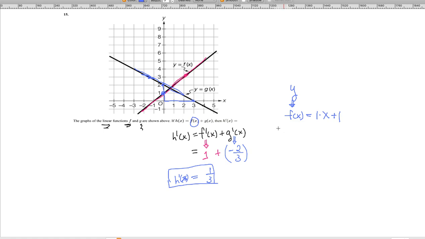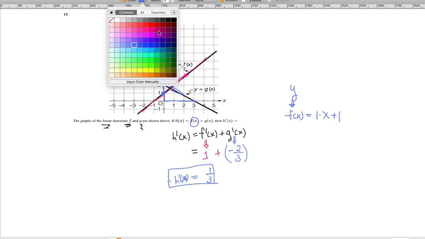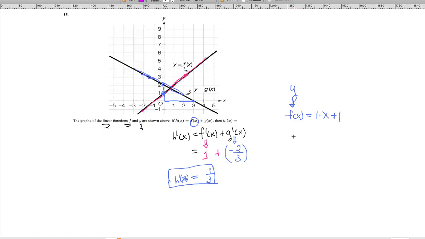And you could do the same thing for g. g of x is equal to, this time b is 2, so plus 2, and the slope is down 2 over 3, so negative 2/3 x plus 2.